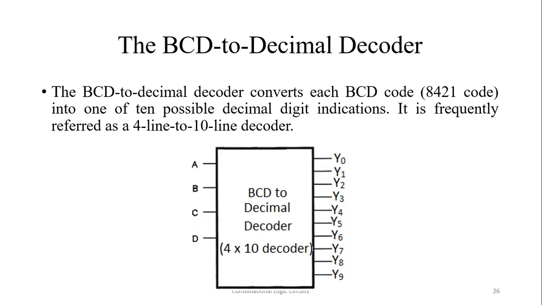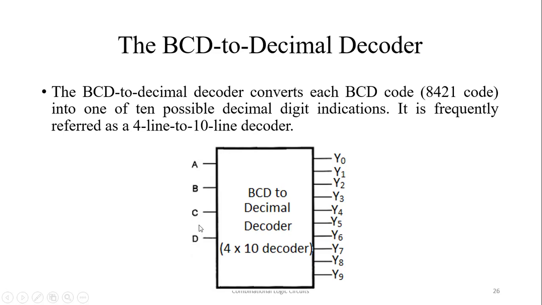The BCD to decimal decoder. As we have discussed, the BCD code, the 8421 code, represents decimal digits. It's a 4-bit code, so at the input of this decoder we will have 4 BCD bits.